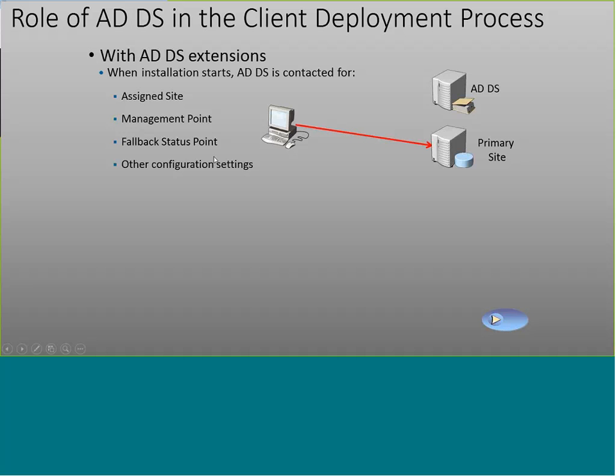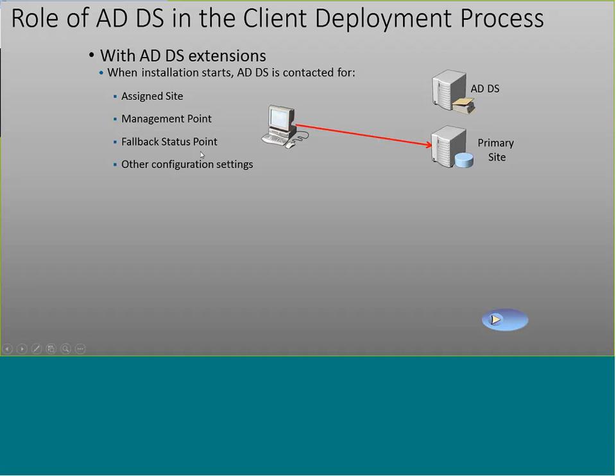Fallback status point is for when the clients cannot connect to the main contact point, which is the management point, to retrieve policies. At least they will say, hey, we are in trouble. So the fallback status point could be another SCCM server where the messages will be received from the clients that they are having connectivity problems with the management point.